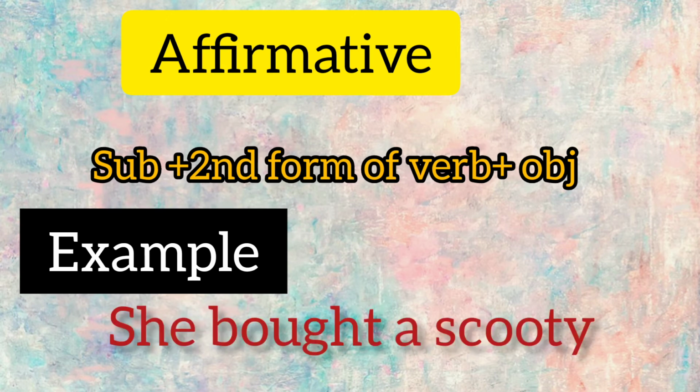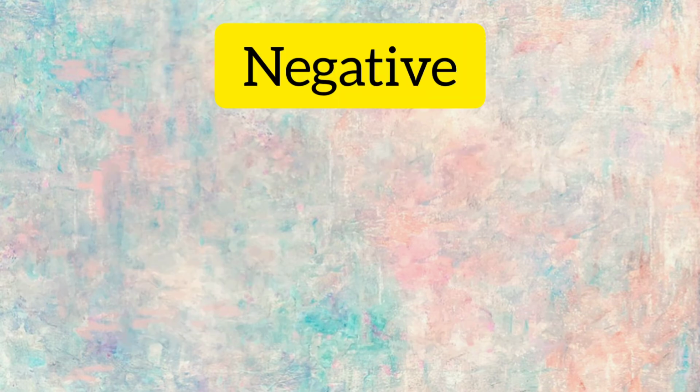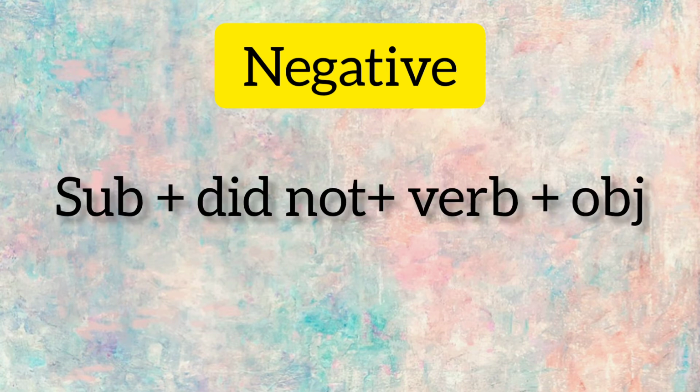So we are not considering here if there is a singular noun or plural noun, or any subject. We are using just the second form of verb and not using any kind of auxiliary verb here or s or es.